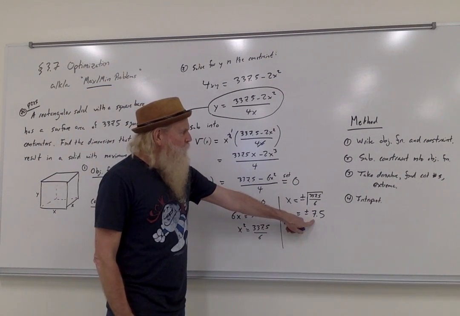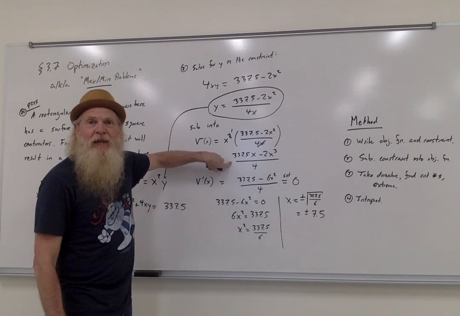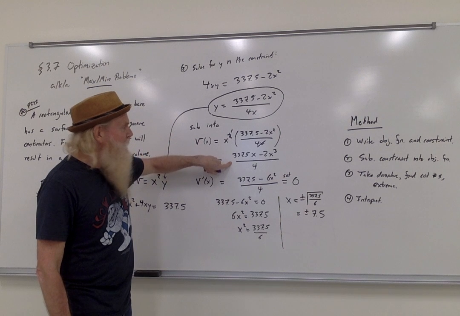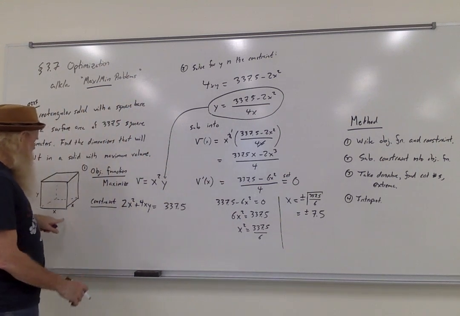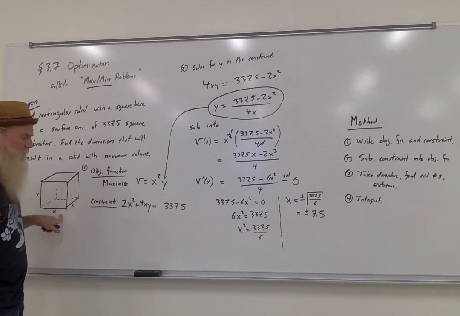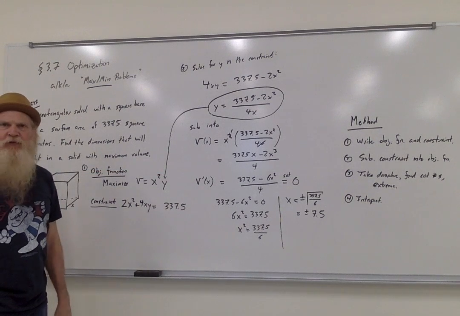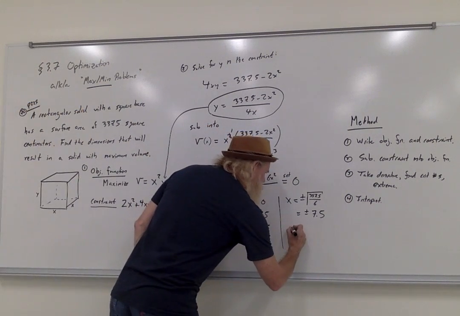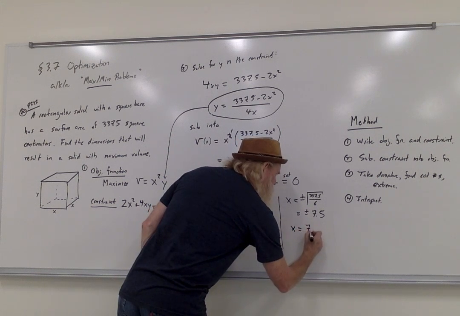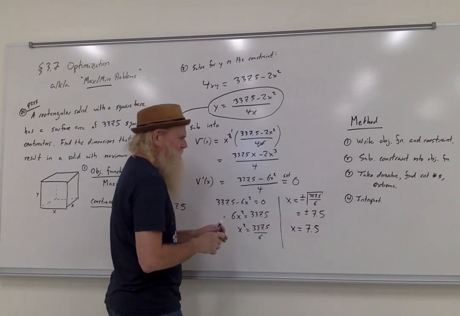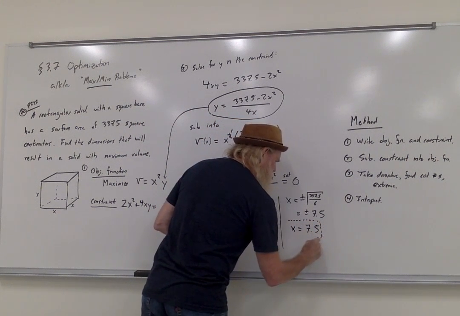These are the points where this function has its relative maximum and minimum values. Now remember, x represents the side length of one of the edges of this rectangular solid, so a negative 7.5 doesn't make any sense. So the only critical number that makes sense is positive 7.5. I'm going to almost box that.